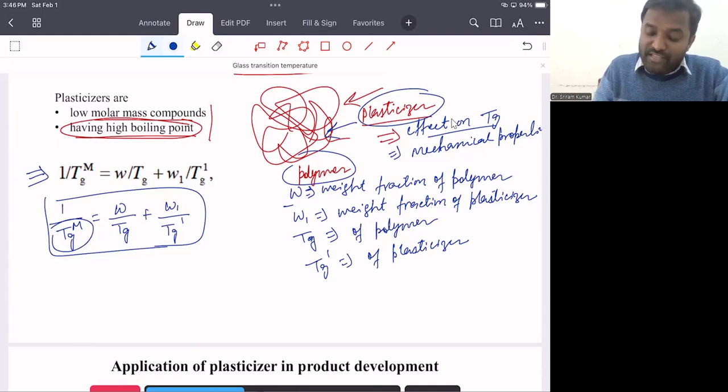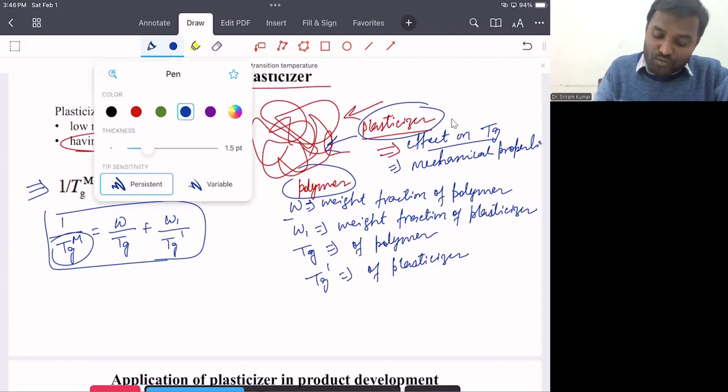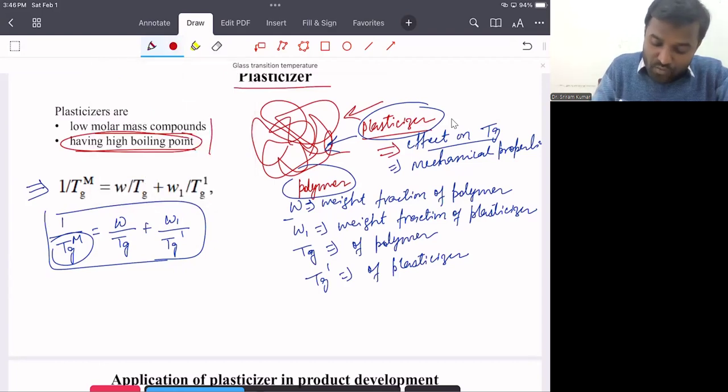So using the plasticizer, you will decrease the overall glass transition temperature of a polymer. Using this formula, you will find out how the amount of the plasticizer affects the overall glass transition temperature of the polymer. And based on that, we will change from a rigid polymer. So if you add plasticizer, what will happen?